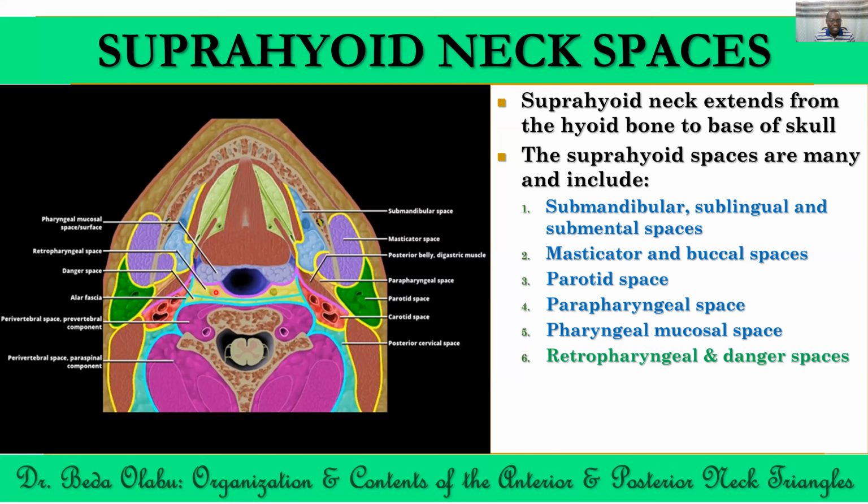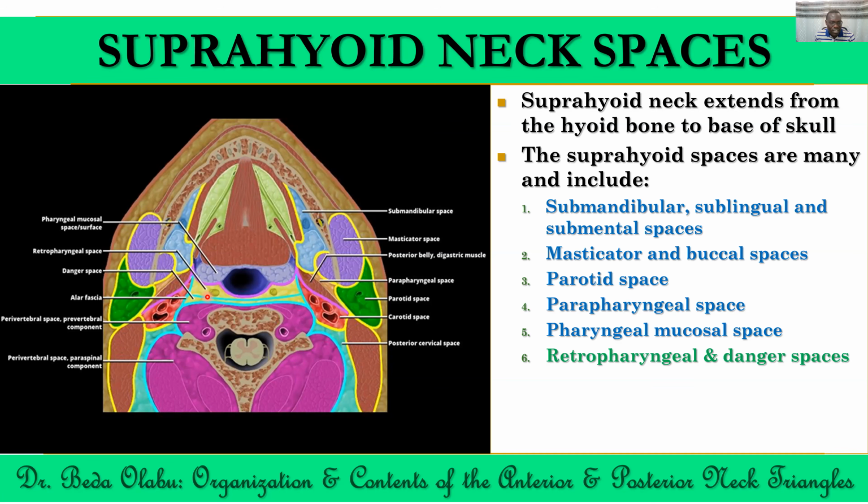But remember that it is the space behind the pharynx and continues all the way from the base of skull to even the upper part of the mediastinum. Its boundaries would be the visceral fascia anteriorly and the alar fascia posteriorly.